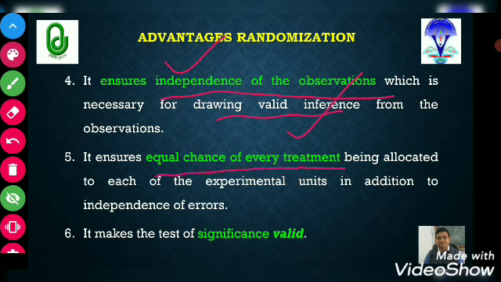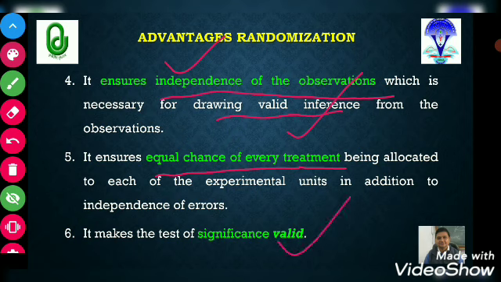If you are allocating treatments randomly, then in random allocation each and every treatment has an equal chance of being applied on each of the experimental units. So randomization ensures equal chance for every treatment, in addition to independence of errors, and it also makes the test of significance valid.